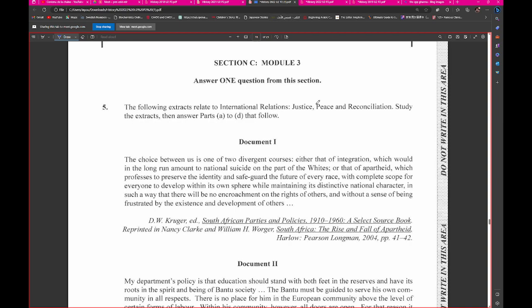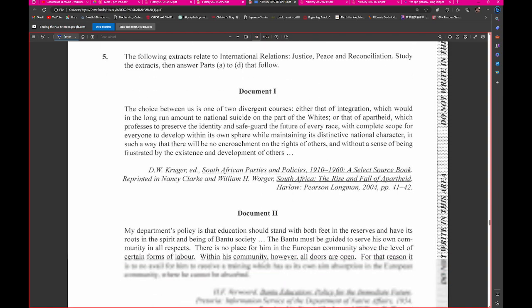But number 5, the following extracts relate to international relations, justice, peace, and reconciliation. Study the extracts, then answer parts A to D that follow. Document 1.